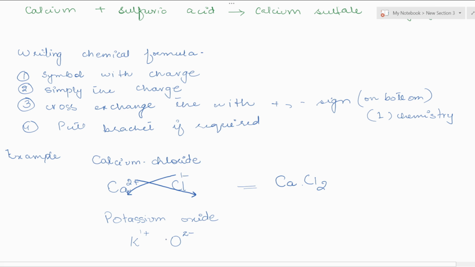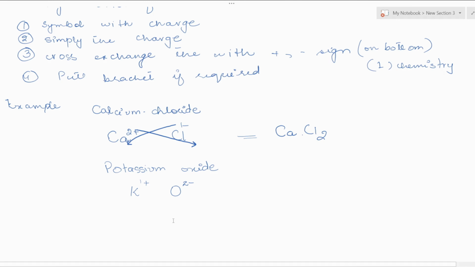Do you know there are certain charges on each group? So the final formula, it cannot be simplified. This 2 would go at the bottom of potassium, 1 would go at the bottom of oxygen. So what would be the final formula? Good. K2O.